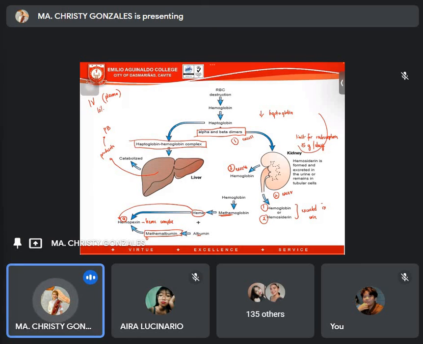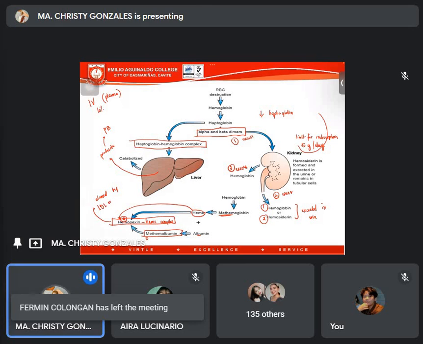Let's proceed to the hemopexin-heme complex. When this binds, it will be cleared by a protein generally known as low density lipoprotein receptor related protein. This will be removed from the circulation.